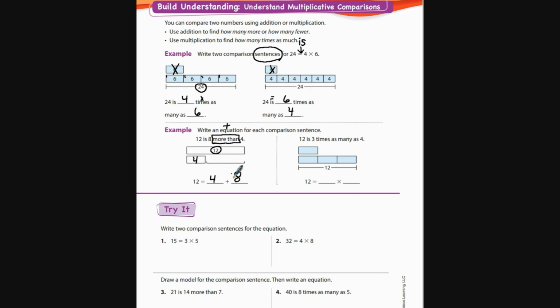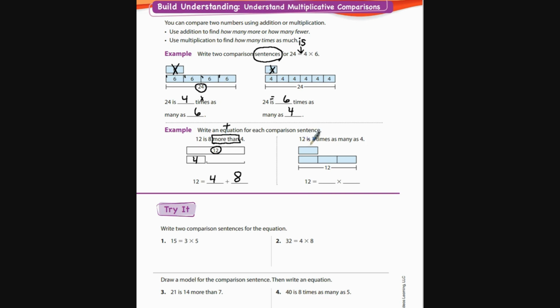So we kind of write it backwards. We start off with what we had. We had 4. And at the end, you put down what you added to it. You added 8. So this is the only one that we need to be a little tricky with, because of the more than, we're adding. This one, however, is multiplication. So let's get to it.